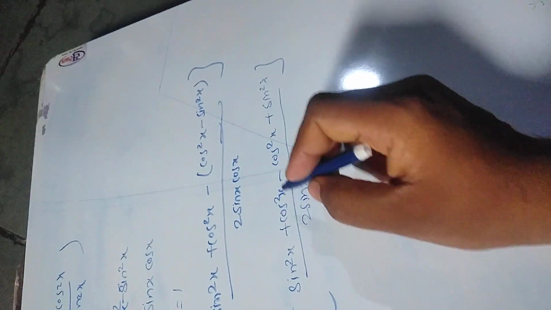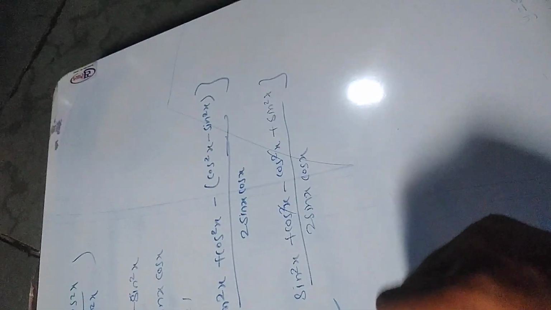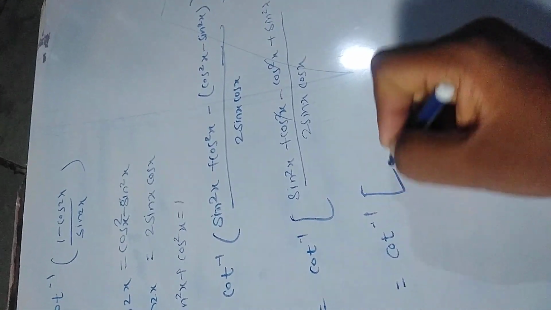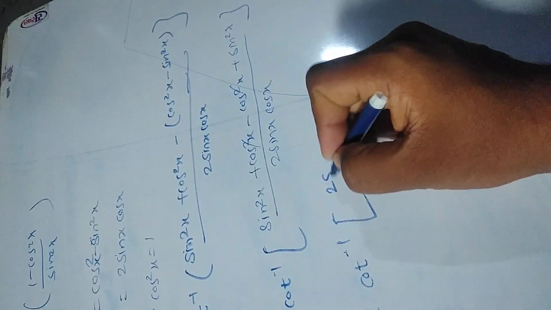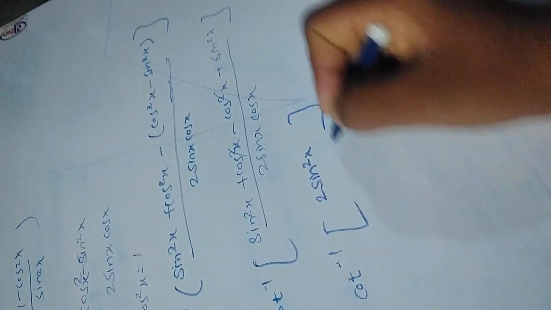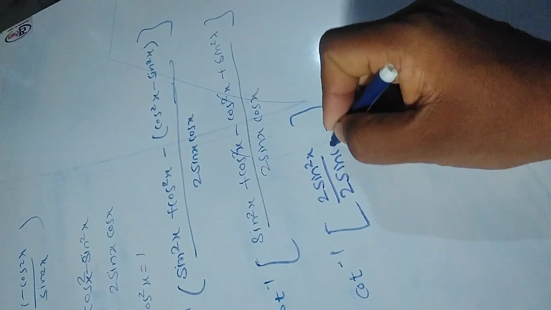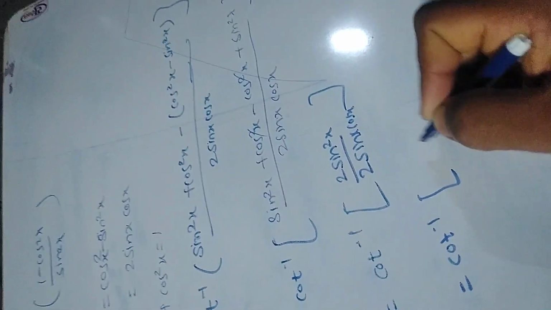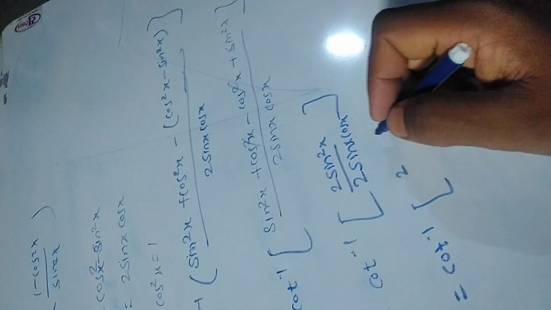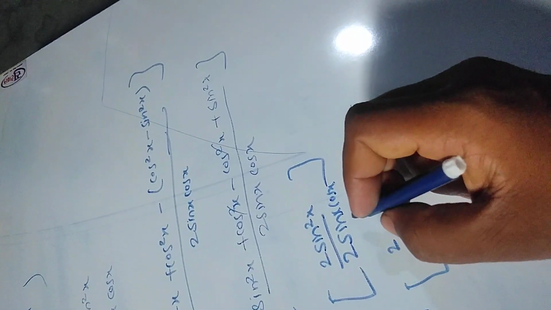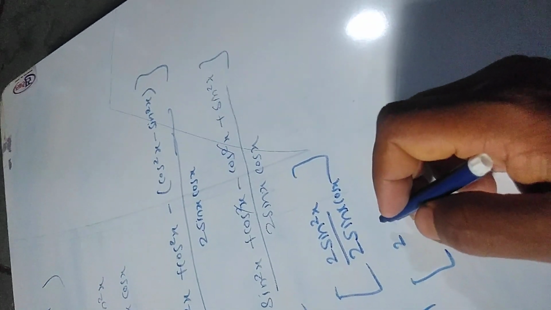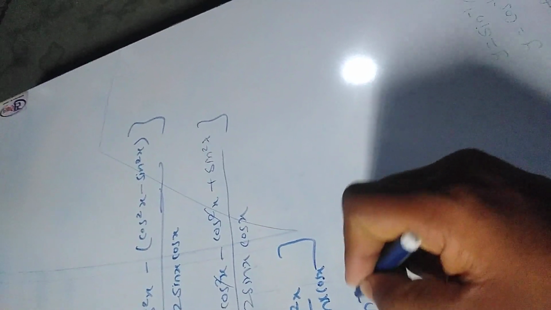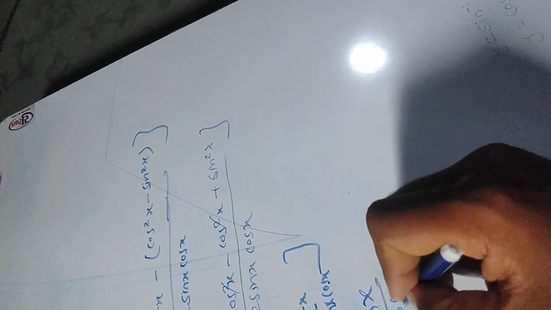So cos square x will get cancelled, the remaining term will be cot inverse of sin square x plus sin square x, which is 2 sin square x divided by 2 sin x into cos x. 2 sin x from the numerator and 2 sin x from the denominator will get cancelled. So the remaining term will be sin x upon cos x.